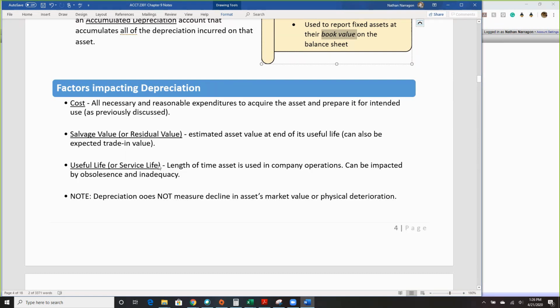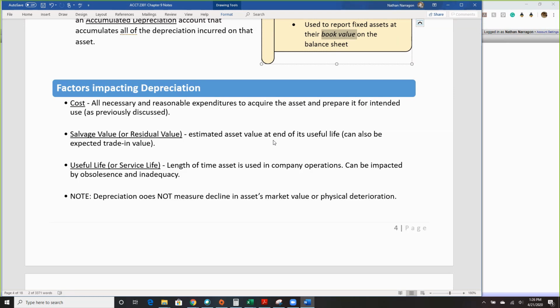Salvage value or residual value. So, if you hear these terms, they basically mean the same thing, and that's the estimated value at the end of the life. So what we think it's worth at the end that we're going to sell it for or basically trade it in.